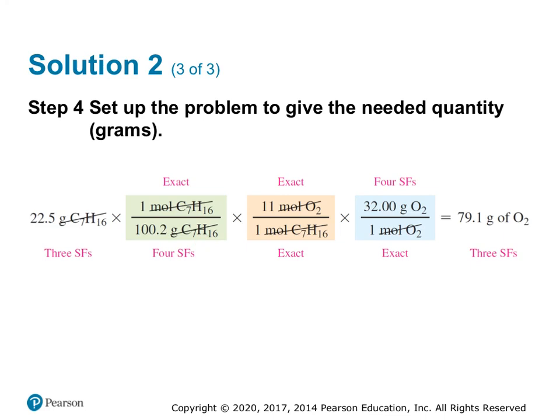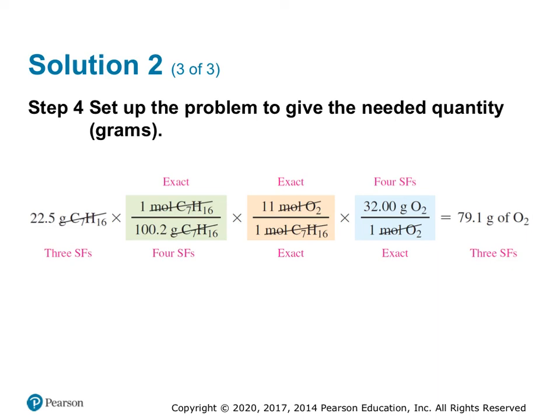And then the second conversion factor is going to be our mole ratio, unknown of O2 over known of C7H16. Coefficient in front of O2 is 11. Coefficient in front of C7H16 is 1. Then my third conversion factor is going to be molar mass of O2. I want grams, so that goes on top. I'm canceling moles of O2, so that goes on the bottom.